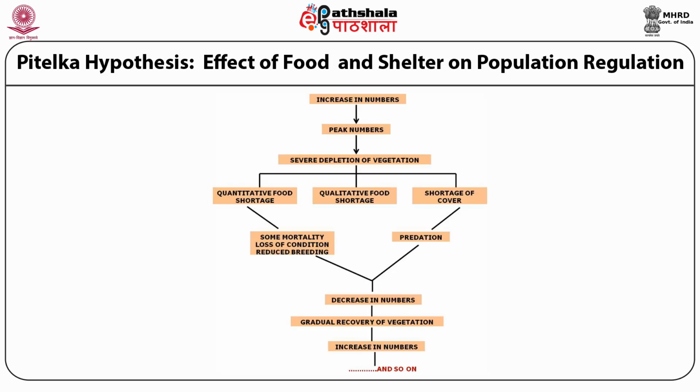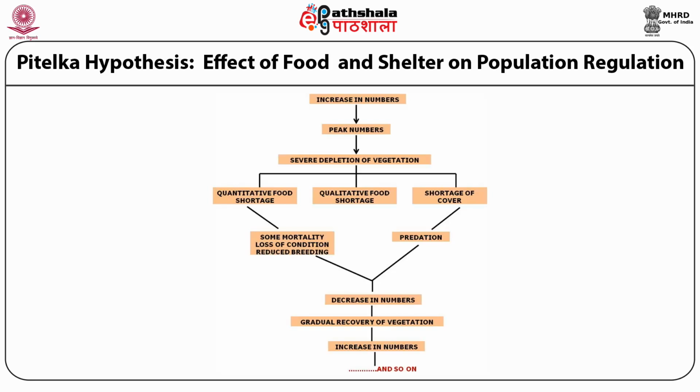This reduces the quantity of the food as well as the quality of food. Simultaneously, there is a shortage of coverage for the individuals. As a result, the populations show increased mortality and a reduced rate of reproduction. On the other hand, shortage of cover leads to an increased rate of predation.